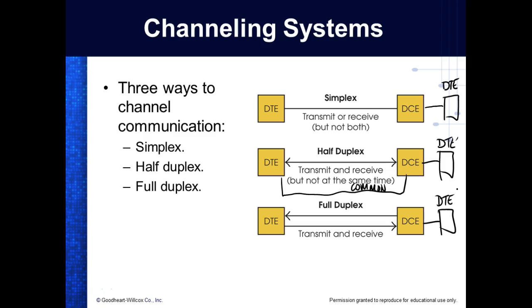So if you flip this over right here and you look at the color code, it goes orange, white, orange, green, white, blue, blue, white, green, brown, white, brown. If you flip this over and look at this, now this is the same way. So this is a straight through cable. This wouldn't work.